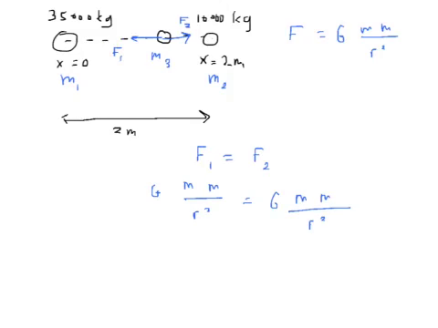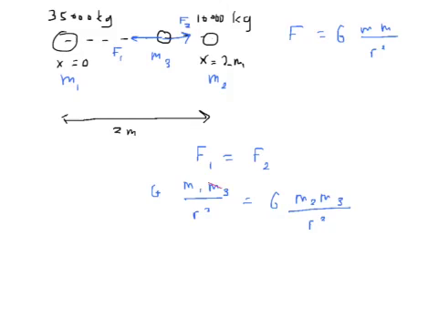So force 1 is the force of mass 1 on my third mass. So the masses I plug in on the left are M1 and M3. On the right, over here, I have F2, and of course F2 is the force of mass 2 on M3. So I need to plug in M2 and M3 here.